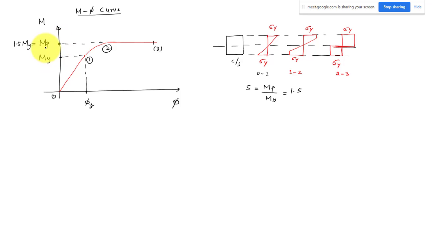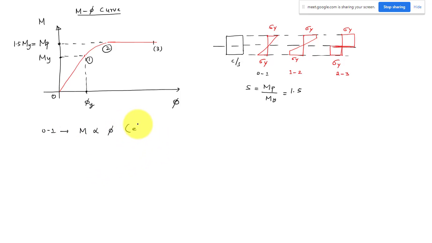Here we have moment maybe in kilonewton meter on this axis, and here we have curvature in 1 by meter unit. So in the region 0 to 1, your moment is proportional to curvature.